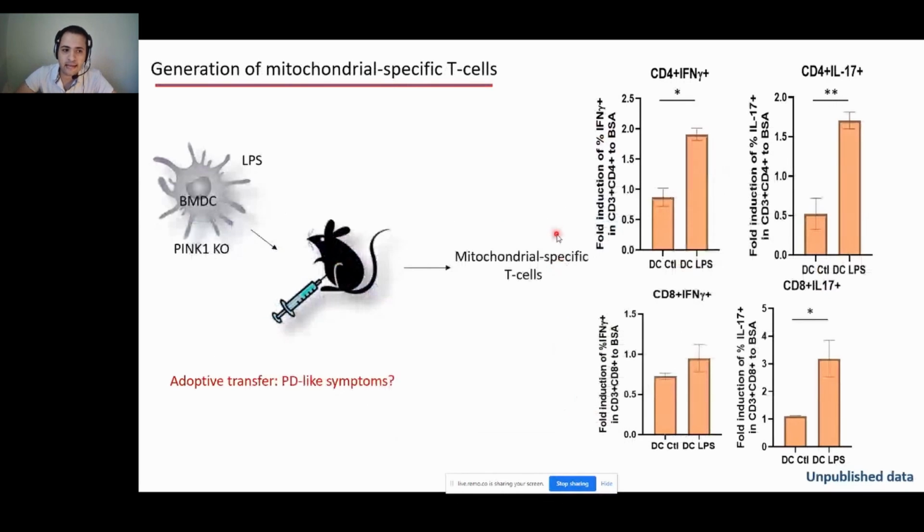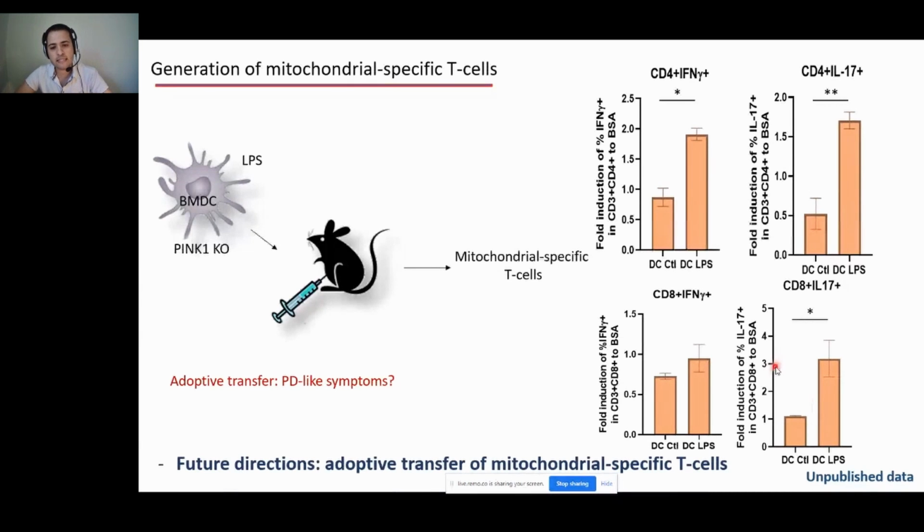What we find is that the mitochondrial-specific T cells have the form of Th1, Th17, and TC17. And this is the same phenotype of T cells we find in humans. So in the future, we will use this model to study the induction of BD-like symptoms in mice and neurodegeneration.